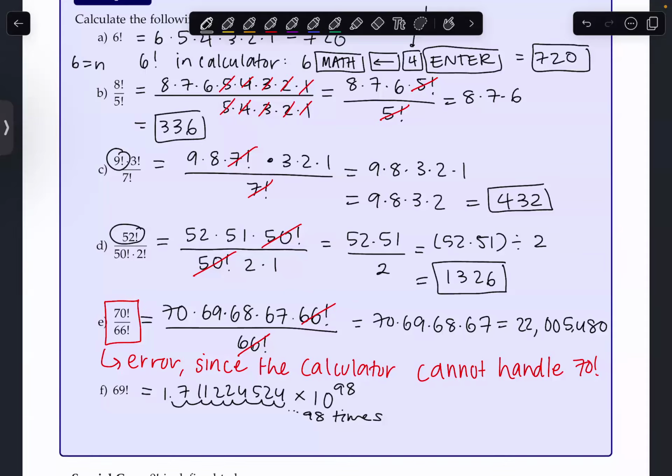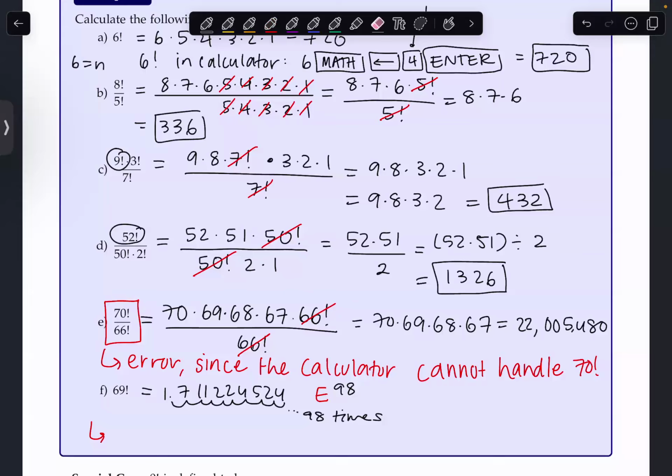But as soon as I multiply this by 70, it's going to become way too large for the calculator to be able to calculate. And so that's why 70 factorial does not give you back an answer. But 69 factorial does. It just doesn't give it to you in a nice form here. And let me actually make sure. Sometimes they write it in a different format. Yep. So in the calculator, it'll actually say E98.